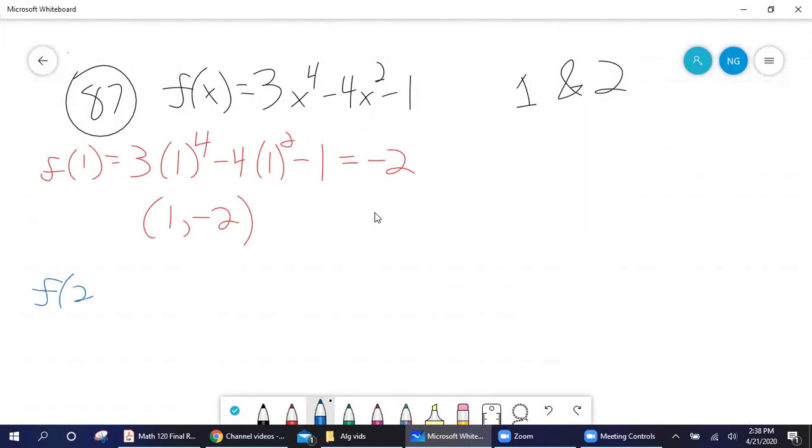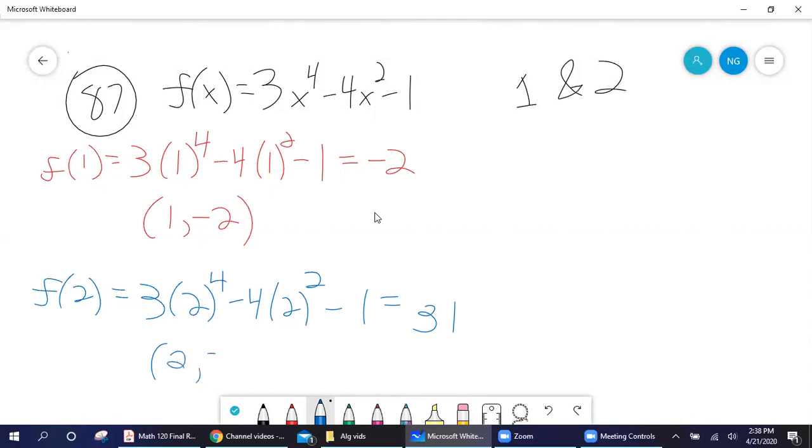If I plug in 2, this is going to give me 3 times 16 minus 4 times 4 minus 1. If you run these numbers, you'll get positive 31. So this means another point on this function is 2, 31.